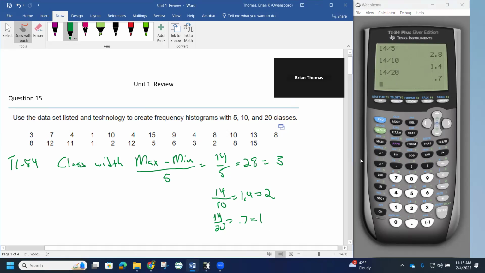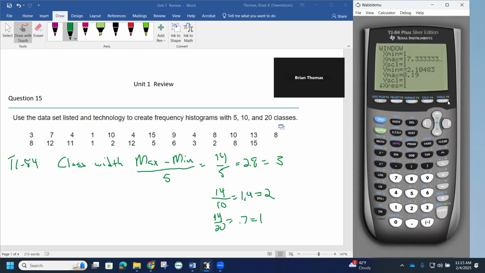So using my window, if I change my scale to 1 and hit graph, it'll generate my 20 classes there. You should be looking for something like this inside of your multiple choice questions. If I hit trace, you can follow it across here, and you should have something that looks like that. That would be what we're looking for in those.